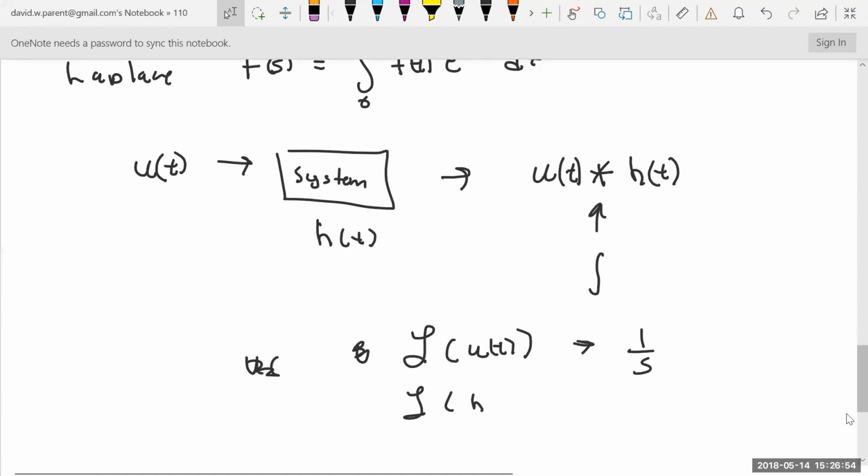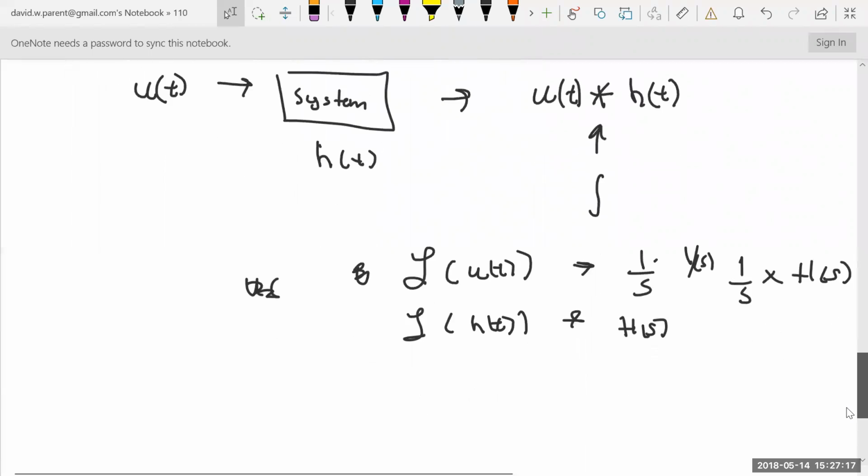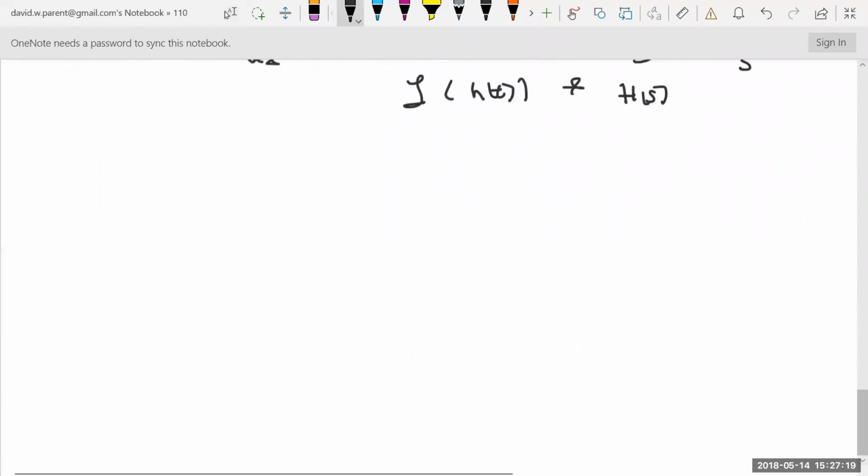The Laplace of h of t becomes H of s. And then to find out the output, that's multiply, not convolution. Sure, you got to take the Laplace transform, multiply it, and then manipulate the algebra to get the inverse Laplace transform, right?